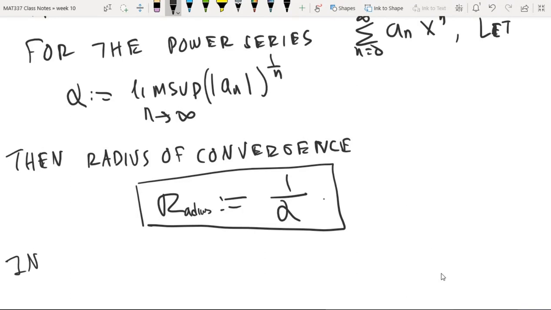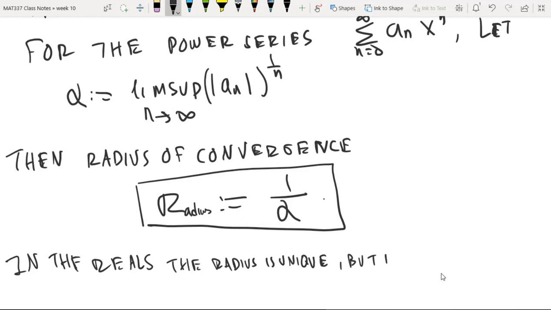In the reals, the radius is unique, but in the complex domain, things can be more complicated.